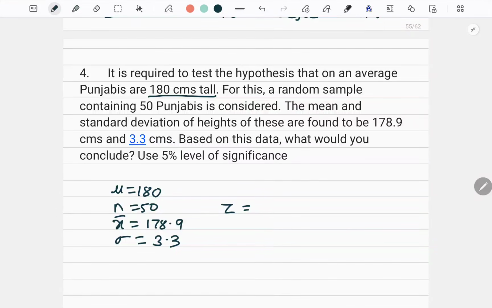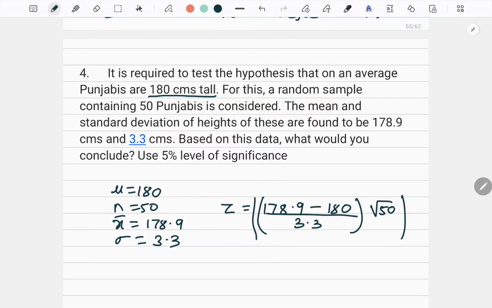So z is equal to x bar minus mu upon sigma into root n. Okay, so let us calculate this.